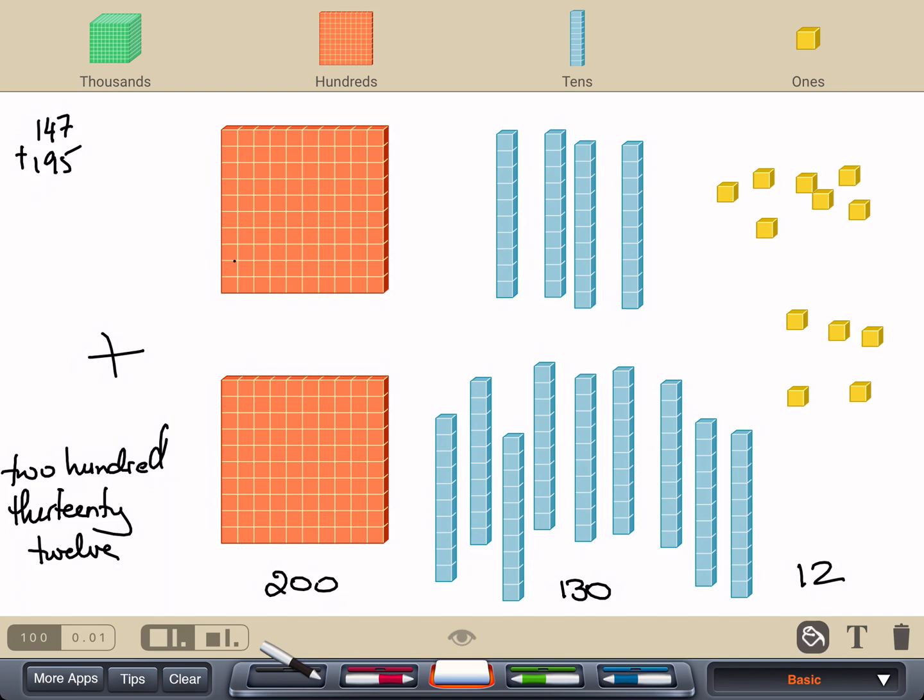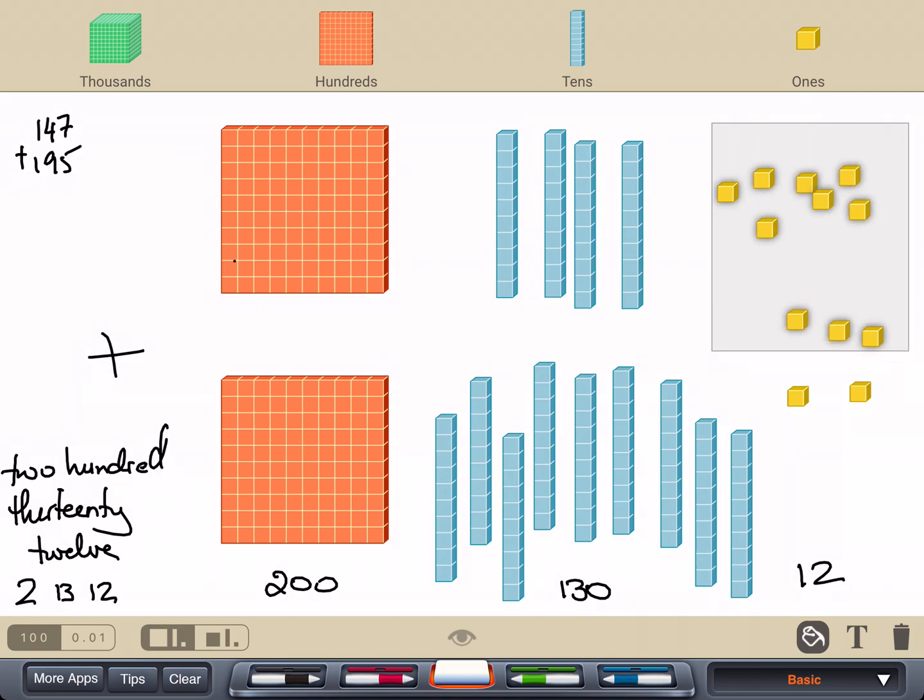That is mathematically true. However, it's not in line with our place value. We can't say 13 tens 12. We have to make sure that anytime we can regroup tens, we actually do that. So let's rewrite this number using the base 10 notation.